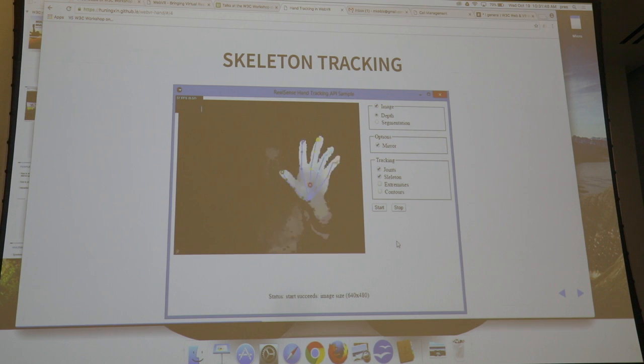This is a quick demo of how hand skeleton tracking happens on the web. The demo is based on the experimental hand tracking API in the Crosswalk web runtime. You can see that for each hand it reports 22 joints of data and can track them in real time.